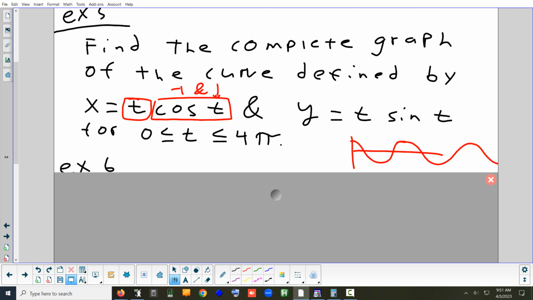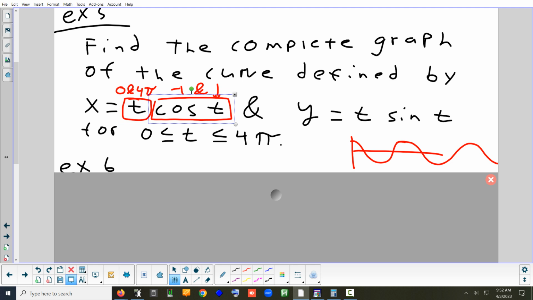Now, think about t. What do they tell us t is always between? 0 to 4 pi. So if you take a number from this box between 0 and 4 pi, and a number from this box between -1 and 1, what's the biggest possible number you could make if you multiply something from this box and something from that box together?